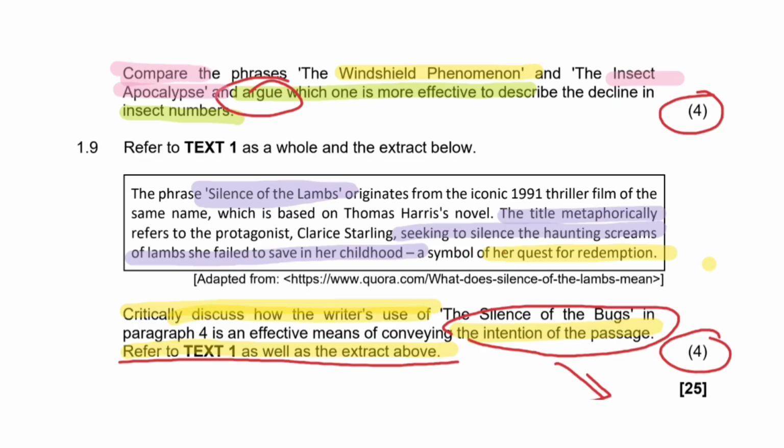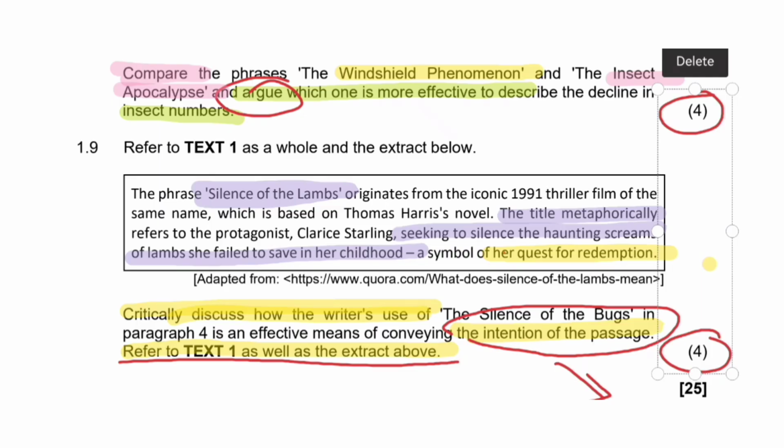We've already established that the emotions drawn out from text 1 is that of guilt. The use of words like haunting, seeking to silence, quest for redemption, they all have to do with accountability and guilt. And that is what the author wanted to embed in the title, The Silence of the Bugs.